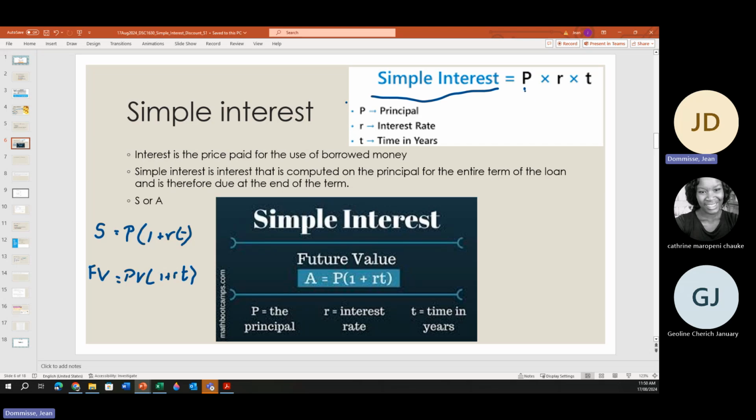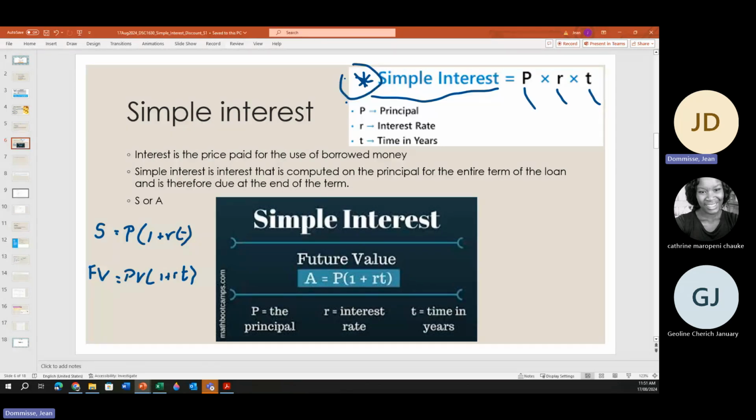So that will just then be your principal times your interest rate times the period that we're talking about. So if it is yearly, if it's monthly, if it's daily, that will be your time period. And if you multiply those three together, you will get the simple interest that you have earned.